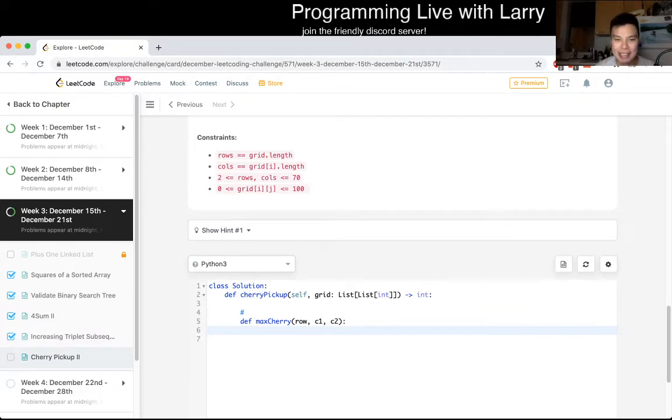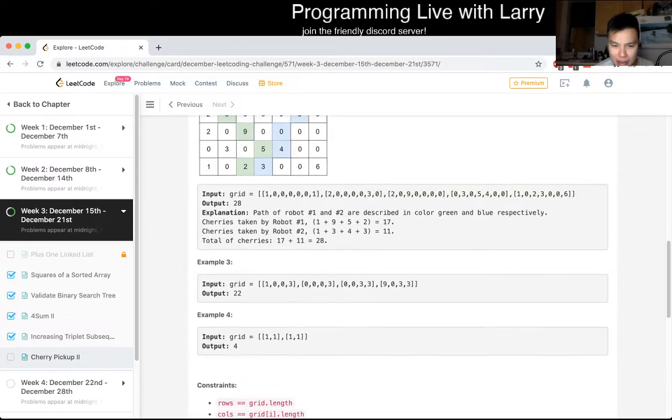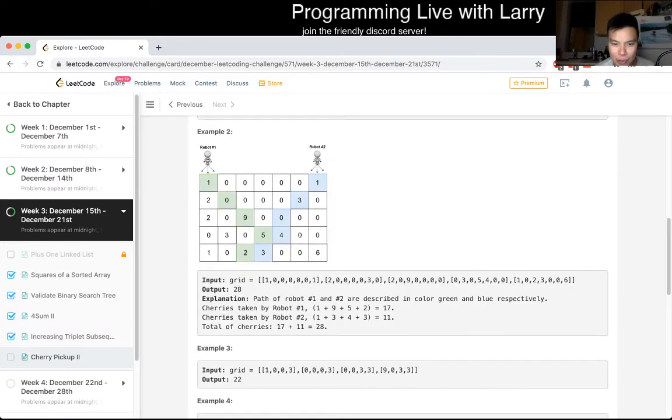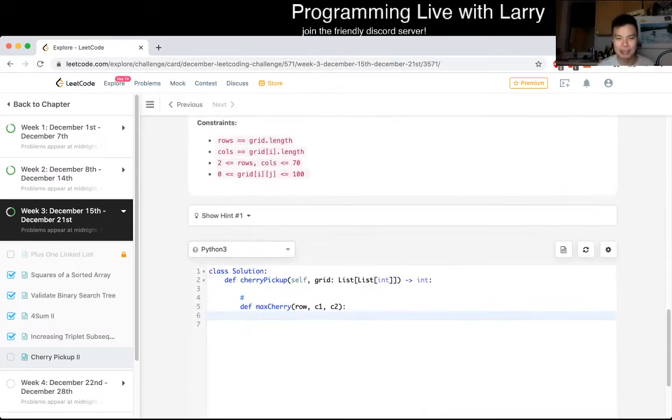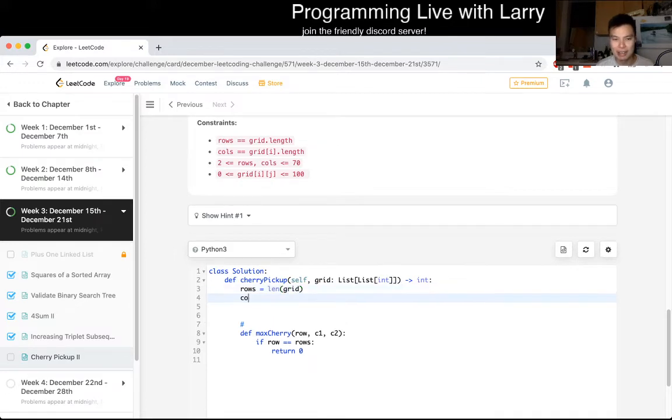Base case. What is the base case? Let's see, I just want to make sure that there's no weirdness. Okay, so the base case is if row is equal to rows, then return 0. And of course, we'll set up rows and columns. So rows is equal to the length of the grid, columns is equal to the length of grid sub 0.